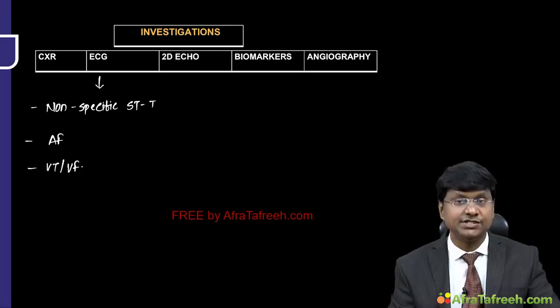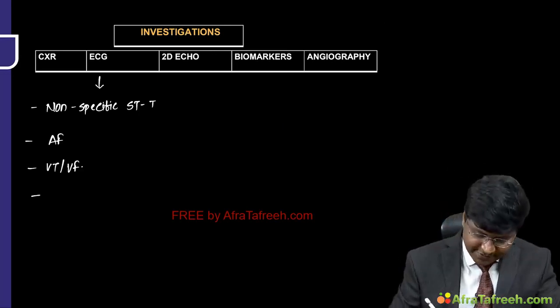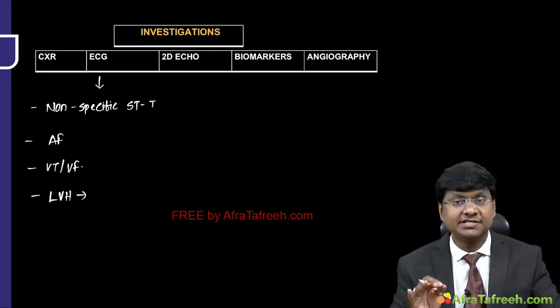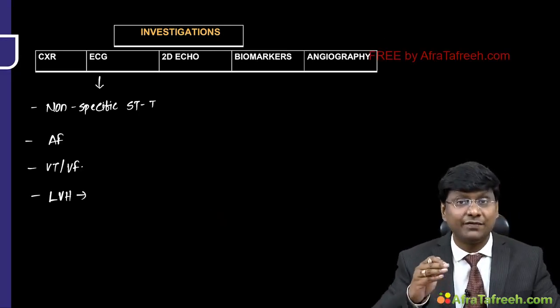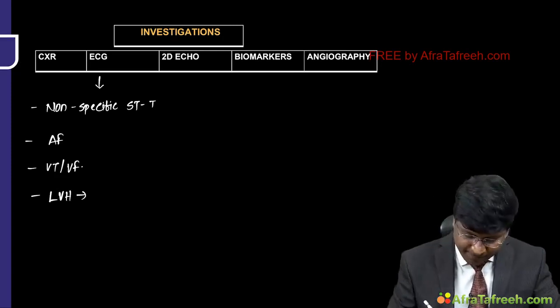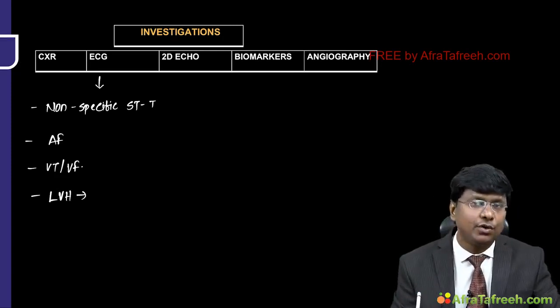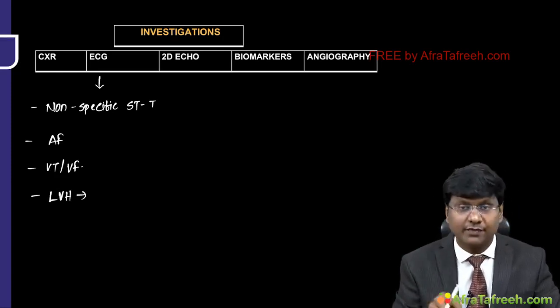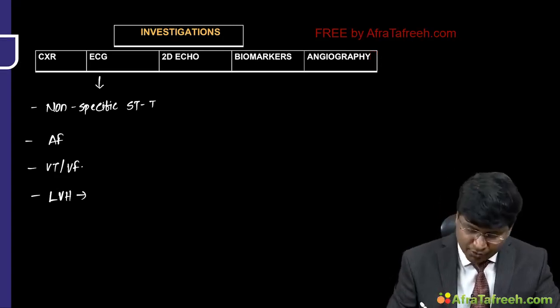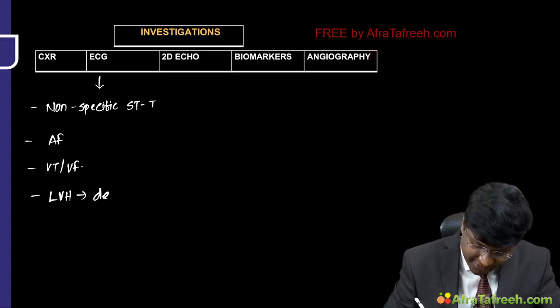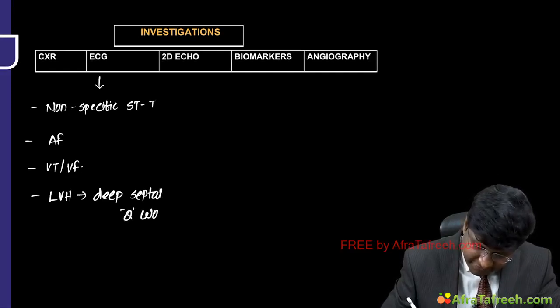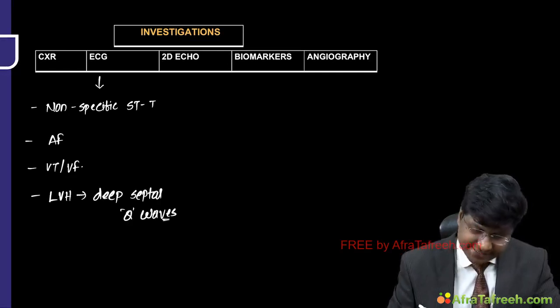So these are the ECG changes, and these patients will have left ventricular hypertrophy changes, but the changes you will see within the ECG are the changes of fluid overload. So if there is fluid overload causing left ventricular hypertrophy, what will be the ECG changes? That includes the exaggerated or deep septal Q waves, right? That will be more prominent in the ECG.